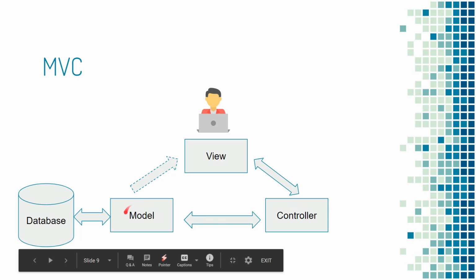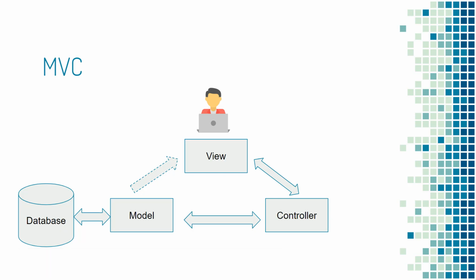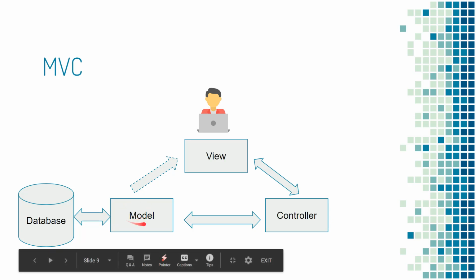When we say model, we usually mean data-related information. Any logic related to the data, any update, insert, list, or any operation done on the database must be completely isolated in this area.